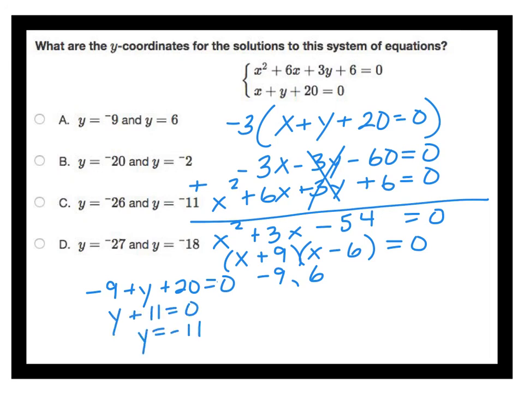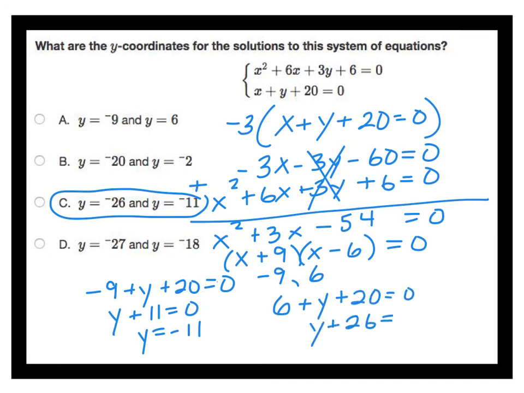So that's one of my answers, which means actually I'm kind of done. Let's just check the other one just in case. So we plug in the 6 for x, plus y plus 20 equals 0. So y plus 26 equals 0 and y equals negative 26. Yep, there's the other one.